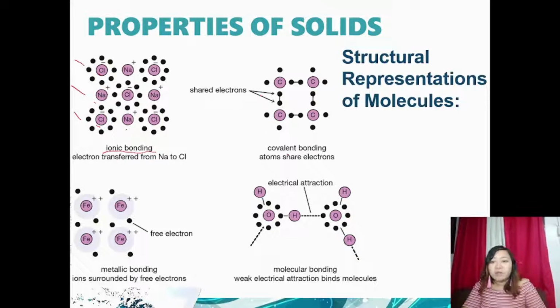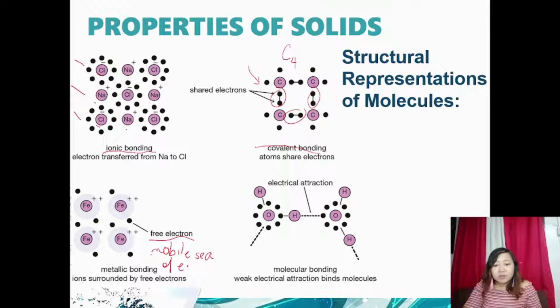And then for covalent bonding, they just share electrons. This is C4, as you can see there. And then we have here metallic bonding, where there are free, mobile electrons. When you say mobile, it has movement.